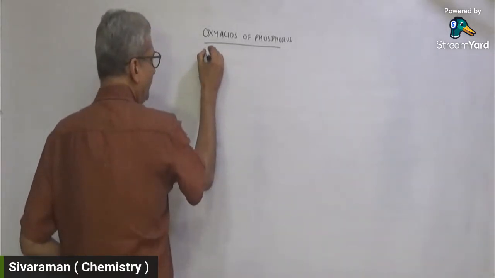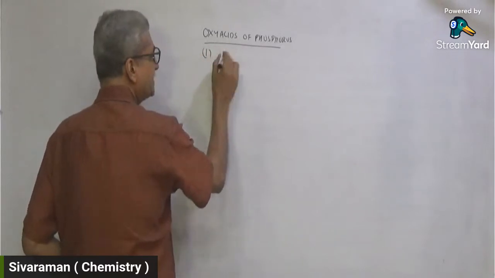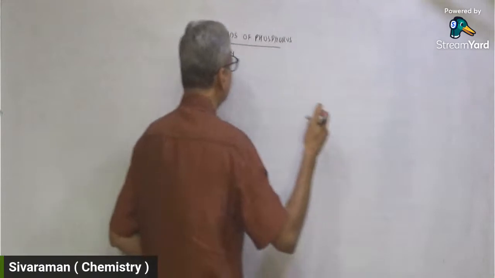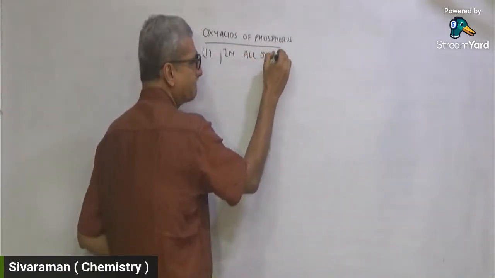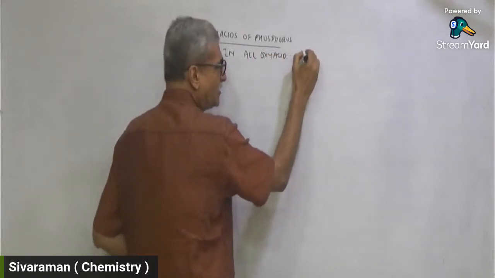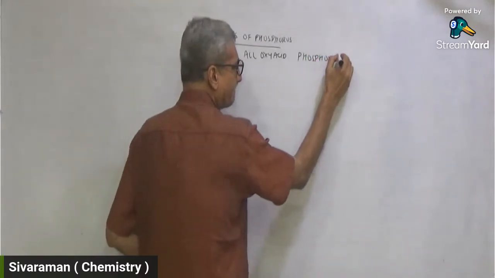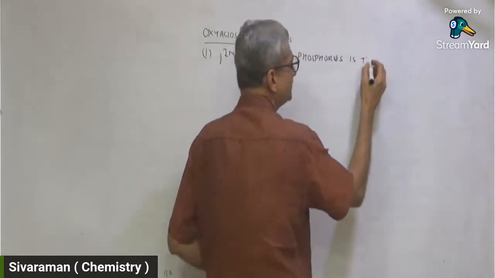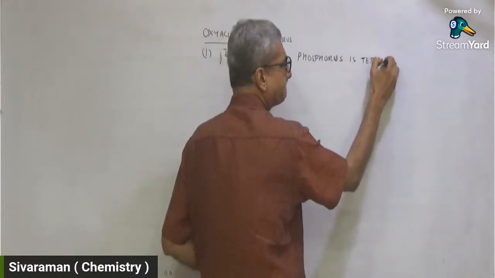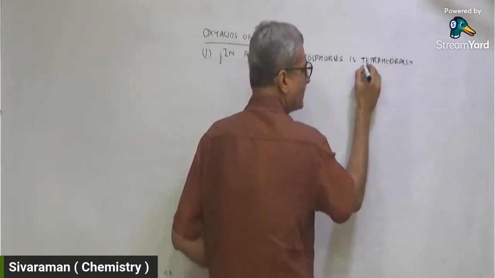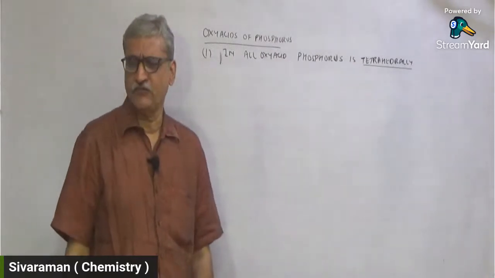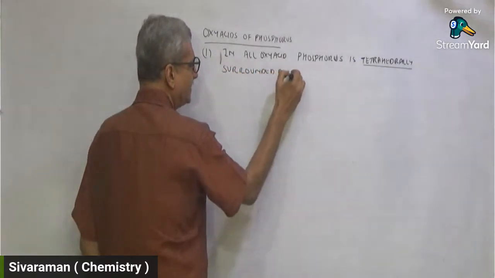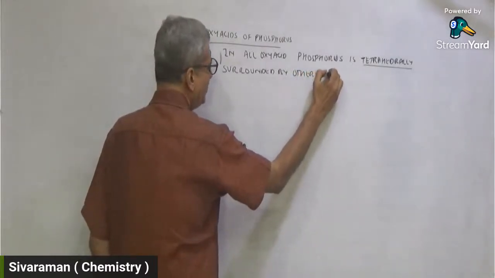First, in all oxyacids, phosphorus is tetrahedrally surrounded by other atoms or groups, like OH could be a group.